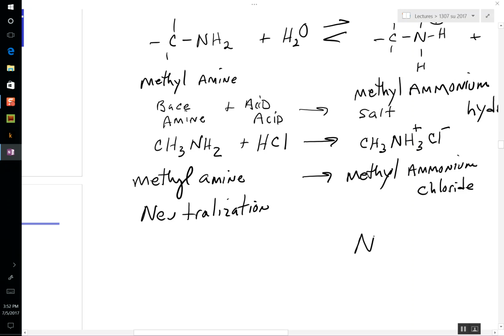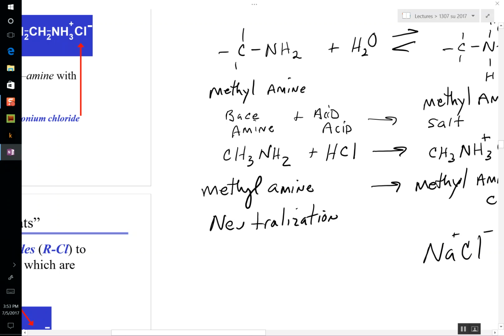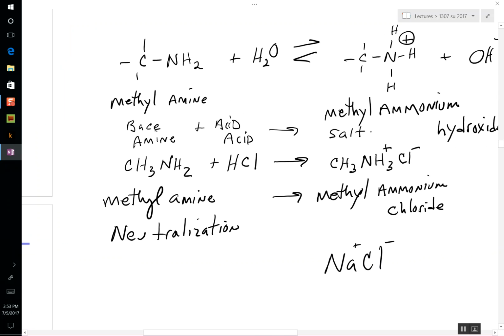And I usually write them with this salt. We write sodium chloride like this. We don't usually put a plus and a minus, but it is an ionic compound, sodium chloride. Methylammonium chloride is this positive ion, the methylammonium ion, and the chloride ion. Your homework has a molecule that has the ammonium and a chloride, and it's asking you to name it.